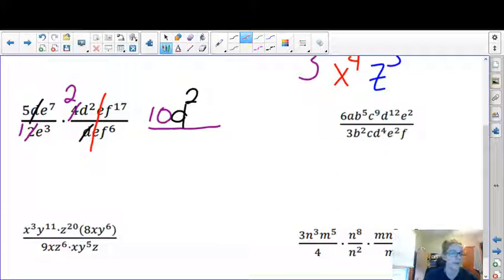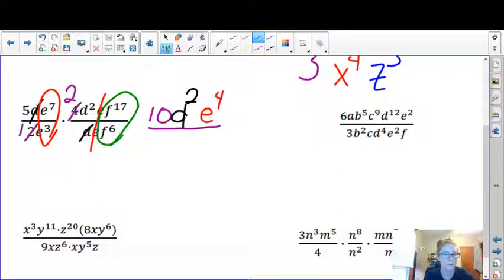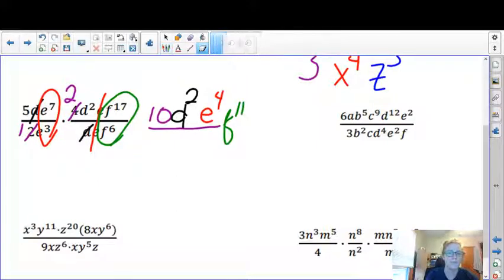So then I see I have these guys left. 7 minus 3 is 4. Oh, look, we won't even need that fraction line. We're going to have to erase in a moment. And then I look for my f's and I see I have just those 2, so 17 minus 6 is 11. I have to very carefully erase that line.